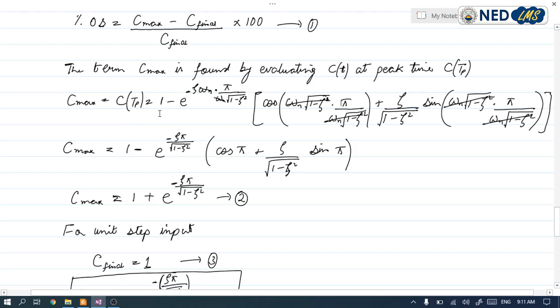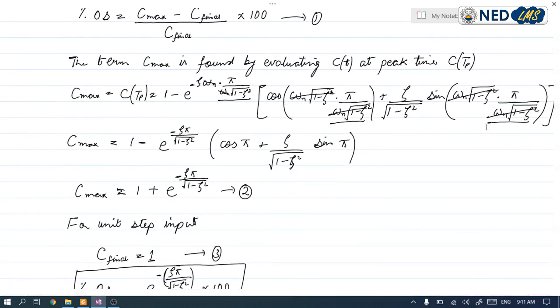In every term t, I have placed the value of peak time, here, here and here, and then after cancellation we will get this value. In this value cos of phi is equal to -1 and sin of phi is equal to 0. So finally we get this term as our C max value.